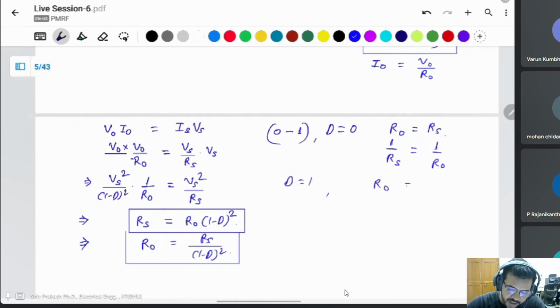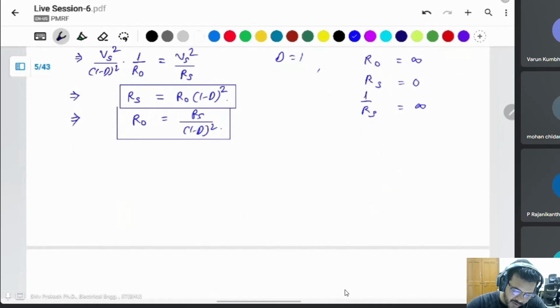R naught will be infinity. Then Rs will be 0. 1 by Rs will be infinity.